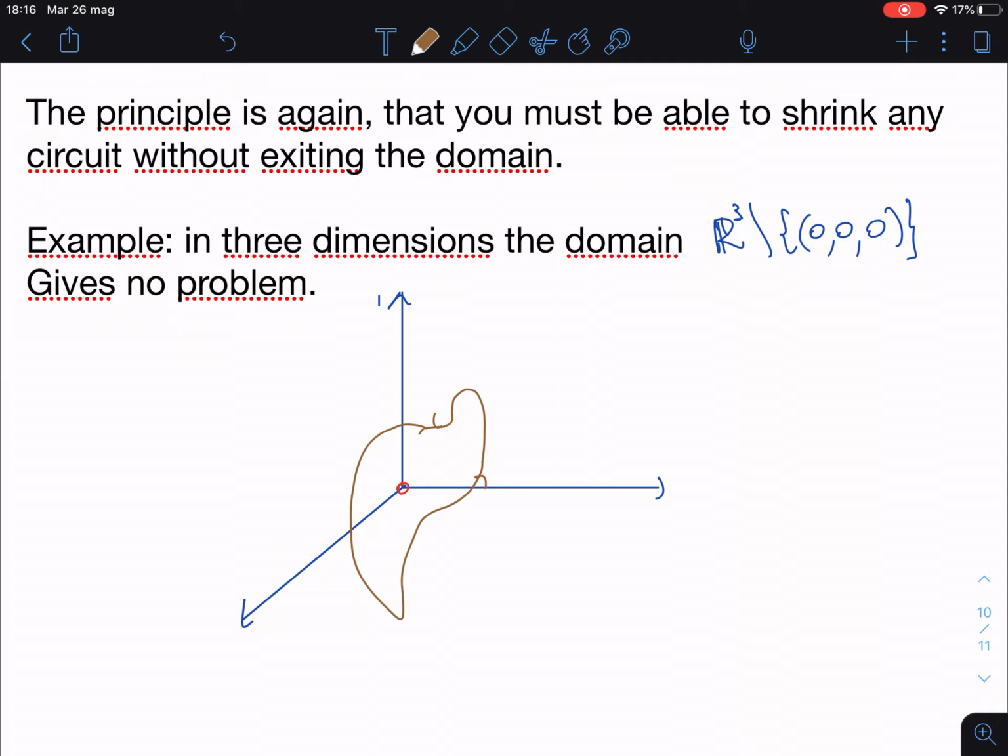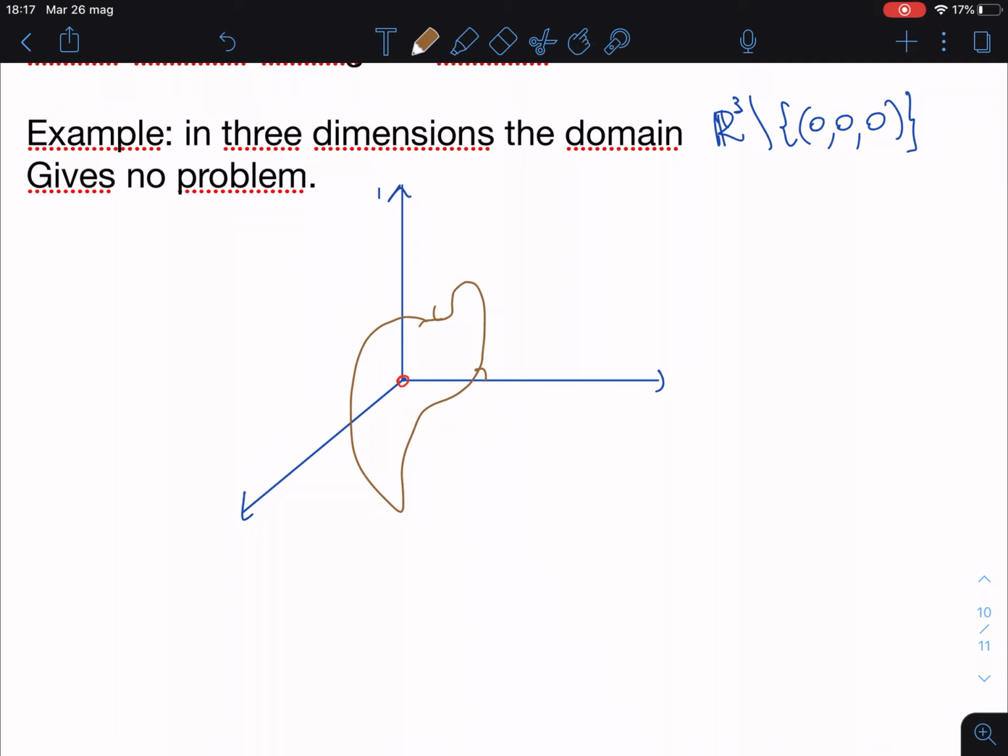If you are missing only one point, there is no problem. You can shrink your circuit up to a point without meeting the missing point. You go a bit higher or a bit lower. This is not a problem. Try to figure it out. If you don't see it, just stop and try in your mind, discuss it, and do it with a pencil and see what happens.